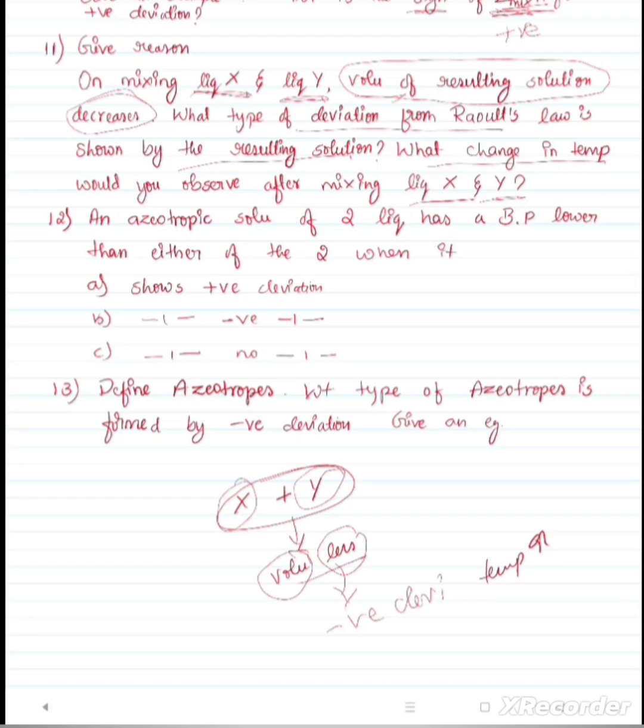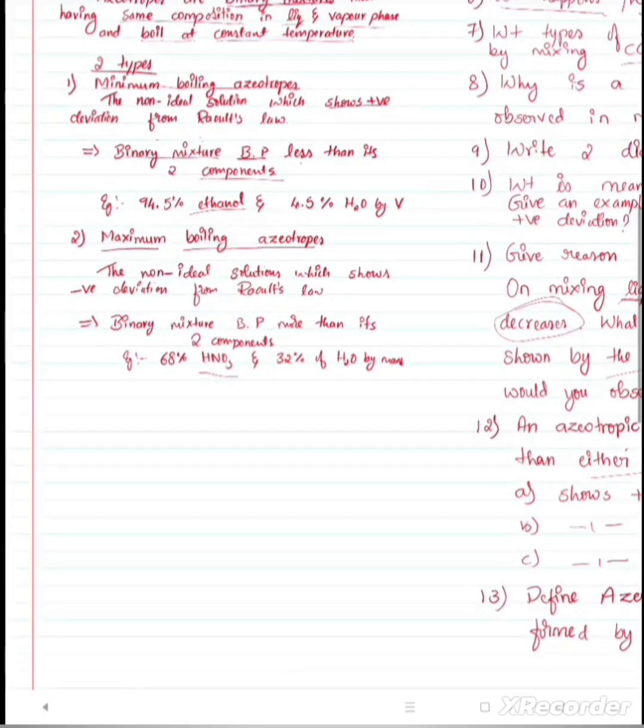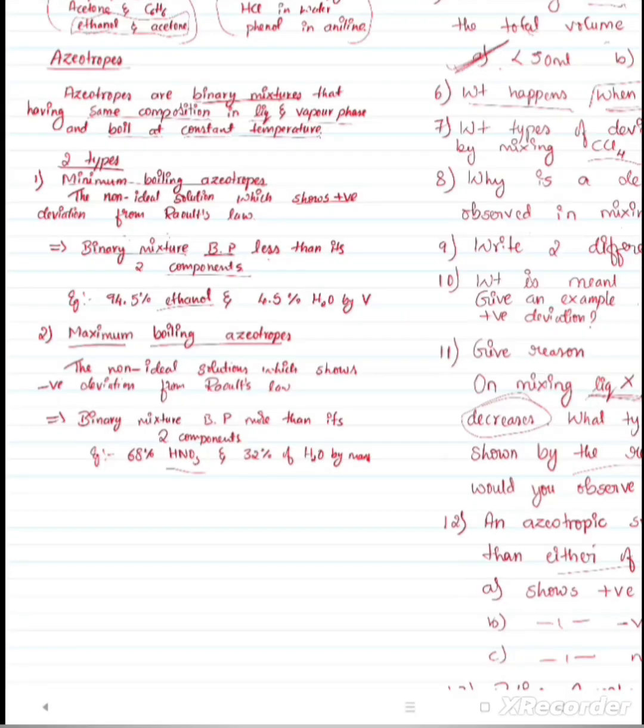Okay. Then the next one is an azeotropic solution of two liquids has a boiling point lower than either of the two, when will it show like this? I already gave azeotropes maximum and minimum boiling point. Here I told binary mixture boiling point is less than its two components in minimum.